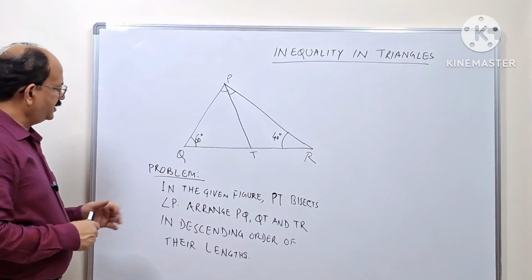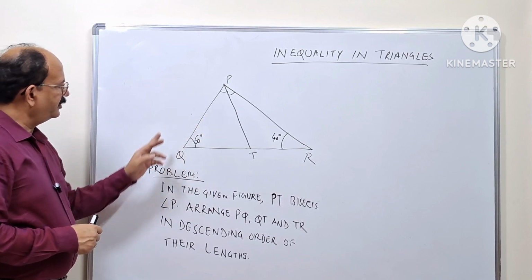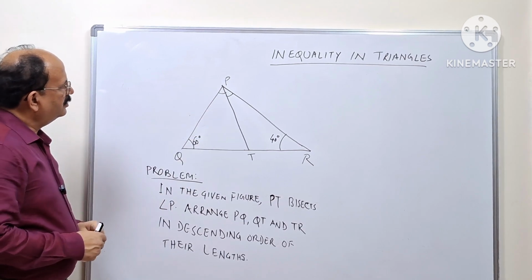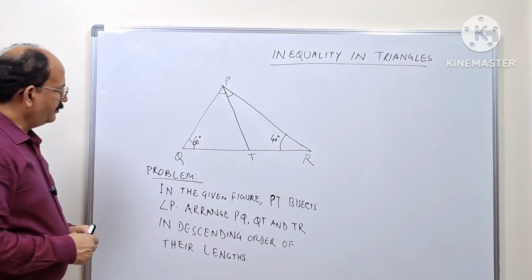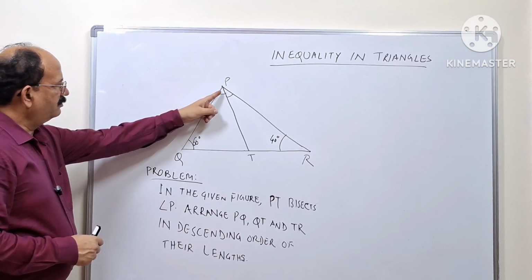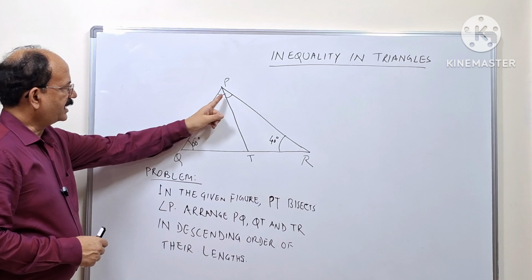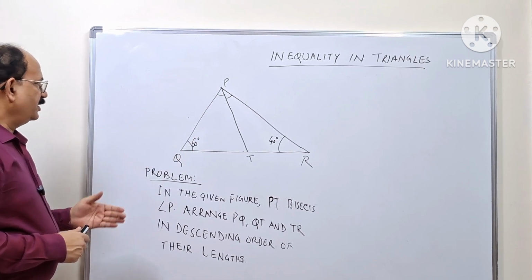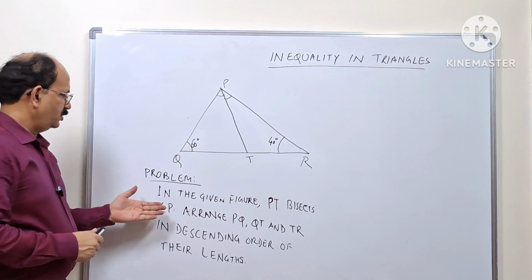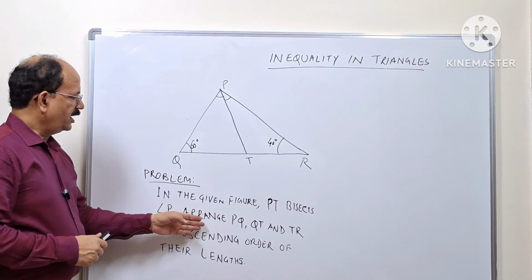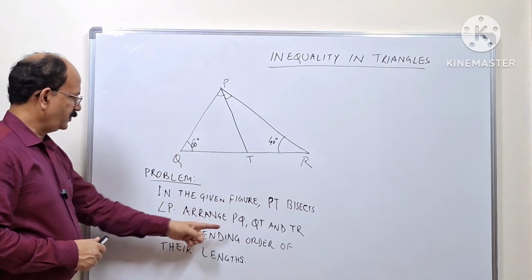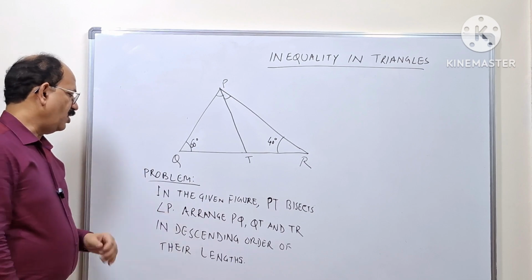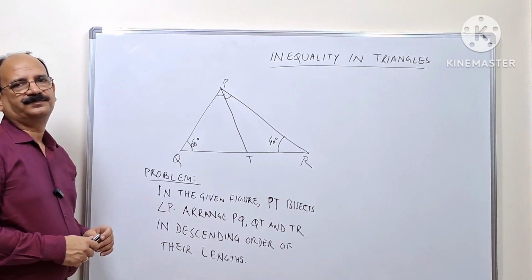The problem statement is, in the given figure, this line PT bisects the angle P. So this angle is equal to this angle because it bisects the angle P. Now the task is to arrange PQ, QT and TR in descending order of their lengths.